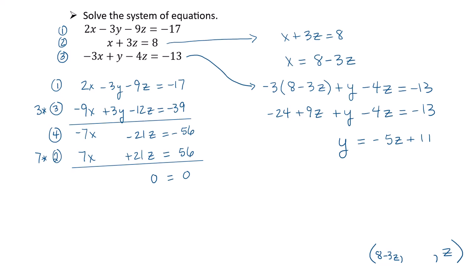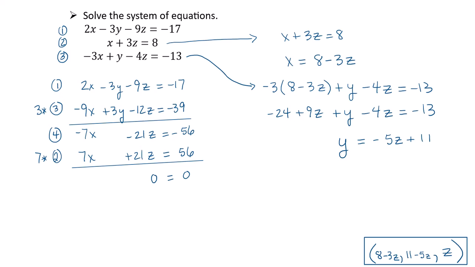So my y is a negative 5z plus 11, or you could just write it as 11 minus 5z. So this really is your solution, and it's a way for you to generate infinitely many solutions that lie in a particular place in 3 space.